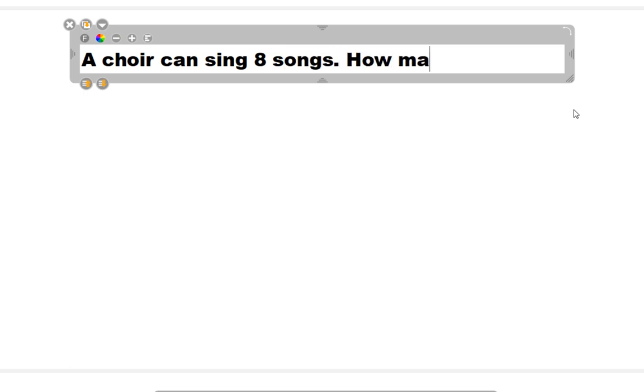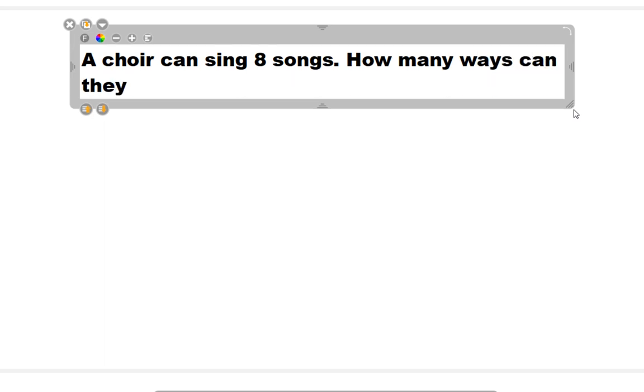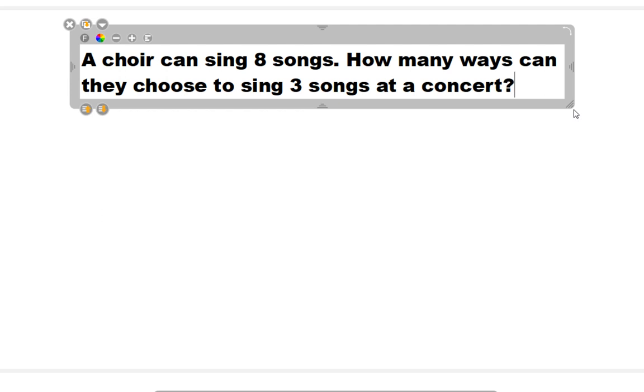How many ways can they sing or choose to sing 3 songs at a concert? So they know 8 songs in total. They've been asked to perform 3 of them. How many different arrangements of those 3 songs could they possibly have?